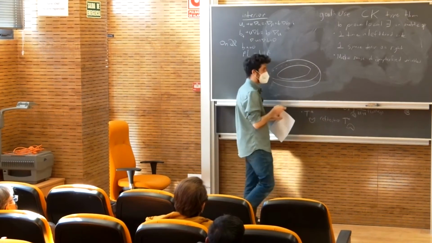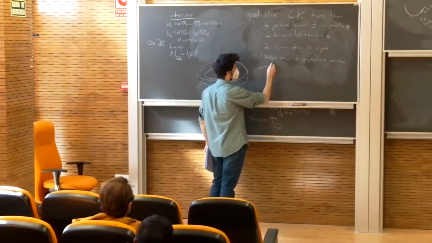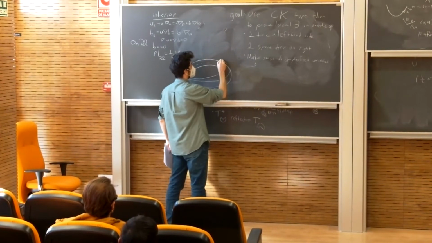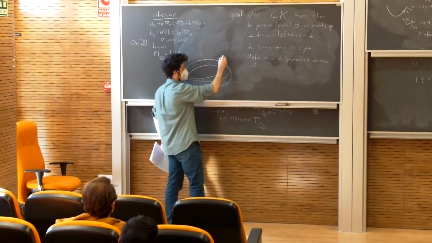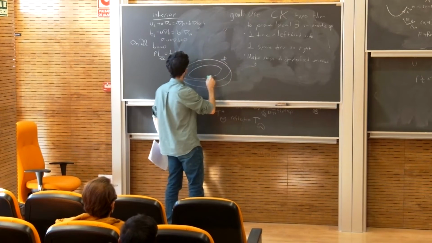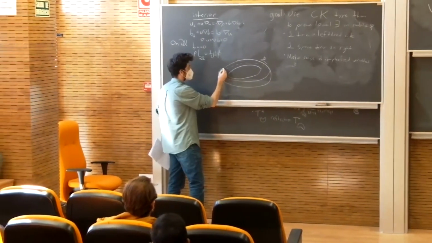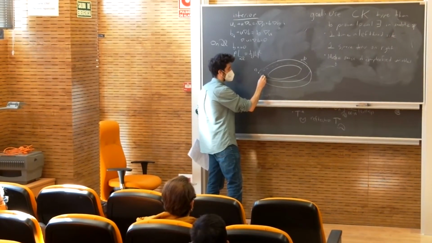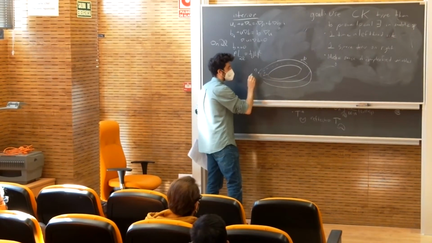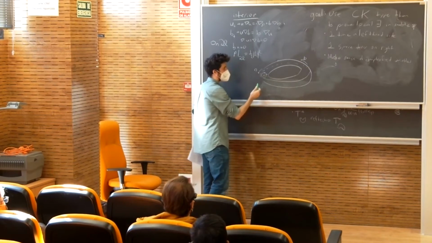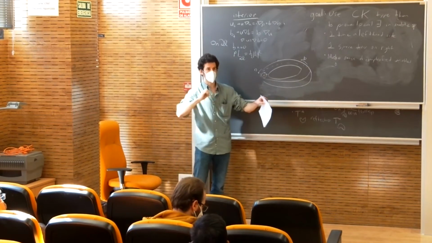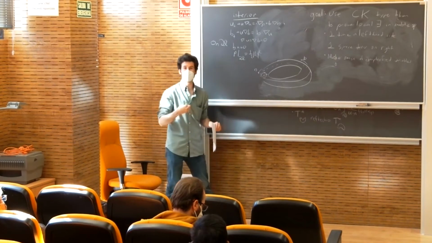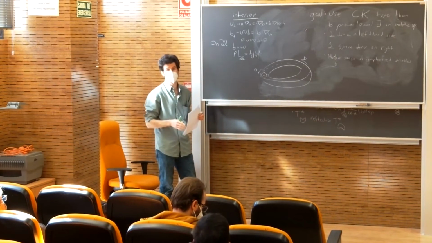So I have 3 parameters. Let's say that one of these is my phi variable. Maybe I'll draw it this way. This long way around, maybe that's phi. Maybe this way around, I'll say theta. But then I've also got some sort of thickness parameter, which I'll call rho, right? So every rho slice is kind of a nested torus. I'm allowed to describe things in terms of these variables.